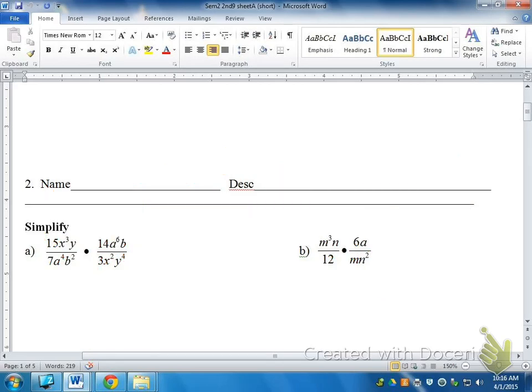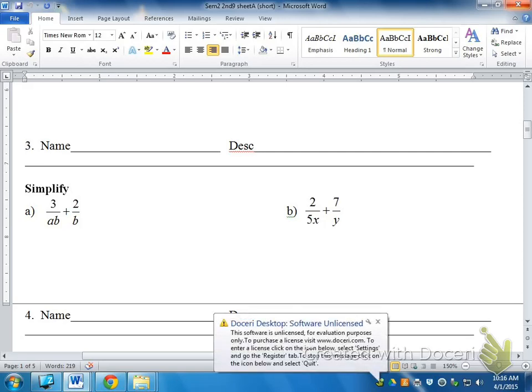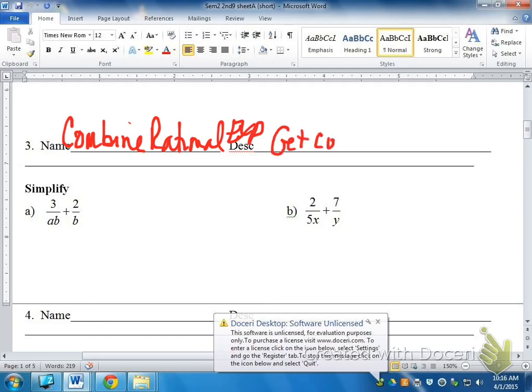Let's do number 3. Number 3 is combine rational expressions. And we have to get common denominators.